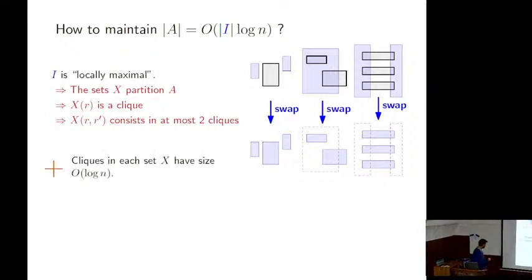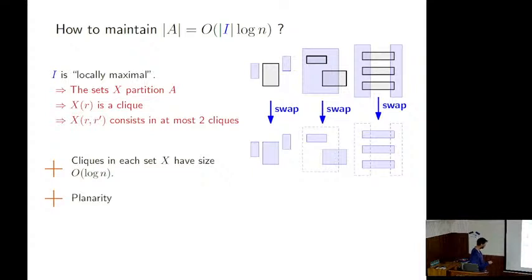We will try to make sure that cliques have size log n inside the active rectangles, some kind of equivalent of having a ply bounded by log n, but this is only true for the active rectangles. I will explain how to do this later. If we add the fact that the instance is planar, then we get the bound on A, because for each blue rectangle, the loop rectangles form a clique of size log n, at most one clique.